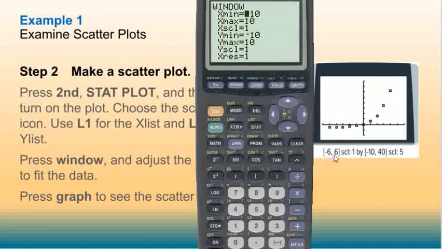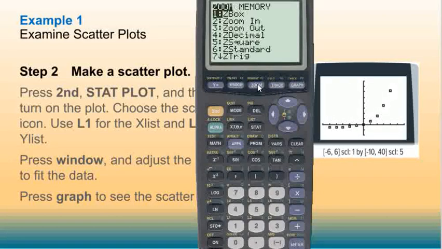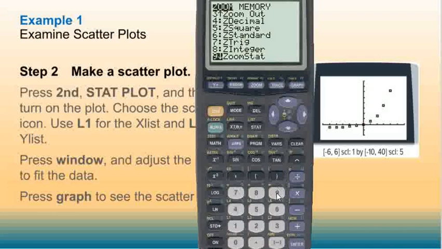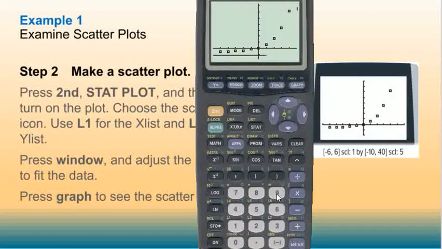This is our X. Sorry, -6 is your minimum. Your maximum is 6. And then the scale is 1. The minimum for Y is -10. The maximum is 40. And we're going to count by 5s. Then for here, you're going to hit zoom, and you're going to scroll down to number 9, or just hit 9, which is ZoomStat.